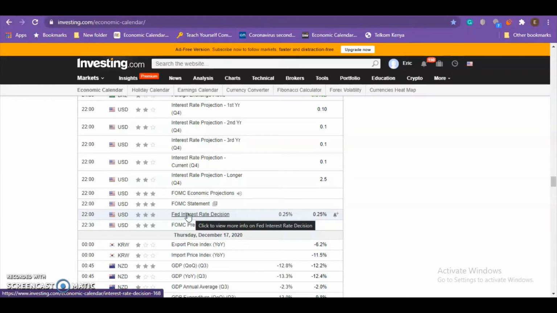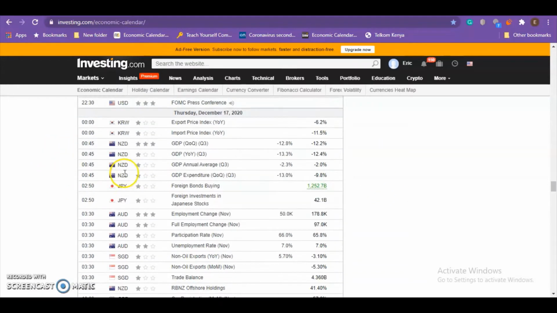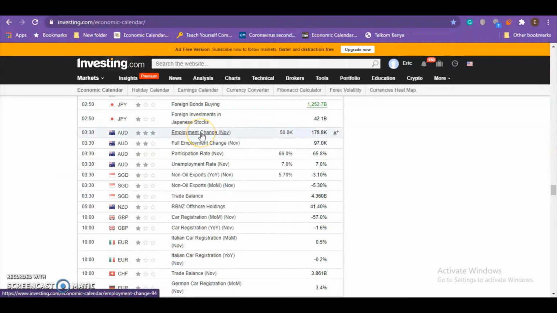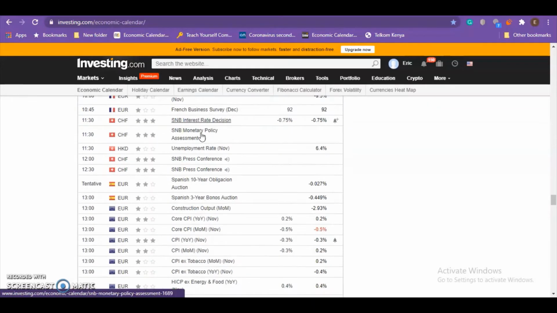So I also expect the US Fed to maintain the interest rate at 0.25%. I don't expect major movements here, but it's good to be out of your trades during this time. You cannot judge the market and then jump in after the rates have been announced.